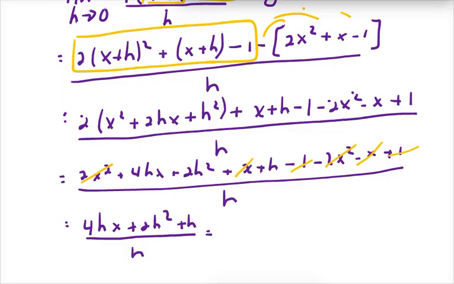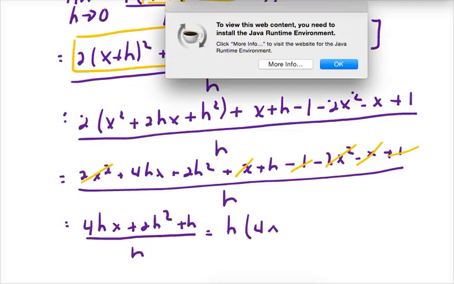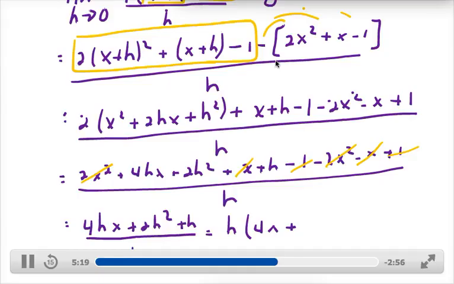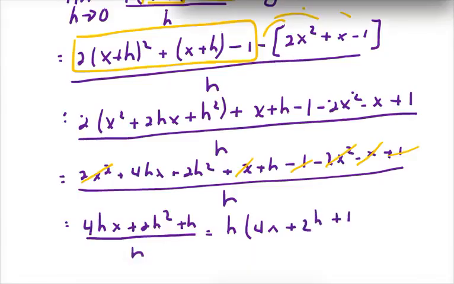Now what I can do is factor out an h, and I'm left with 4x plus 2h plus 1 all over h.